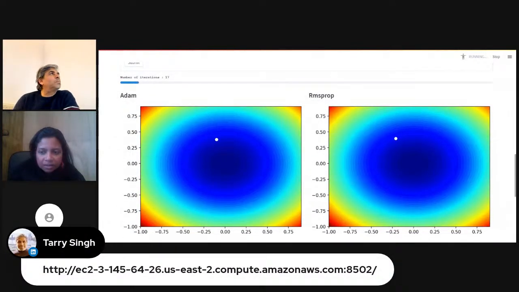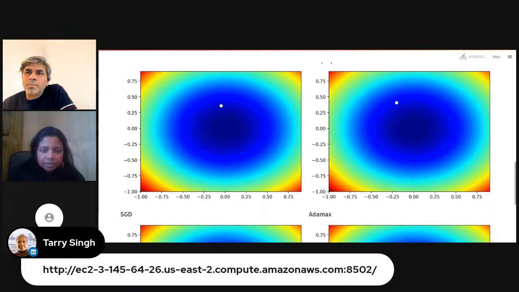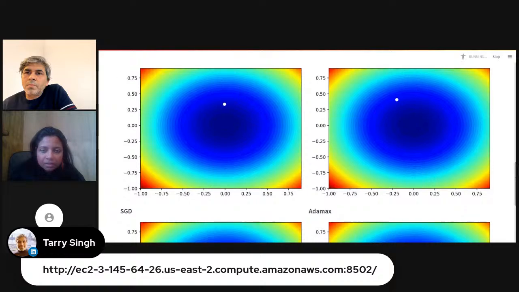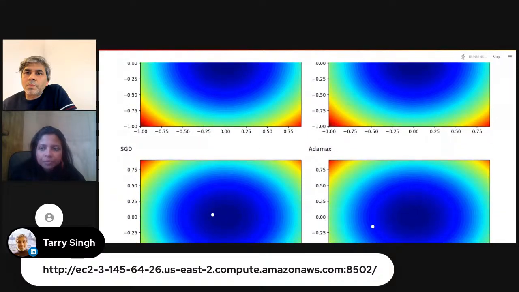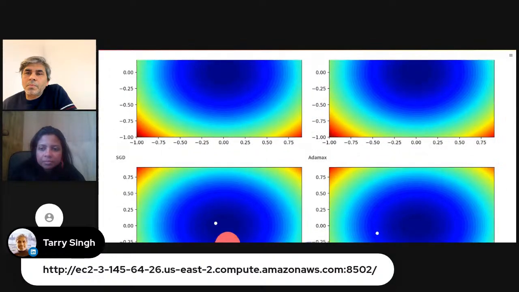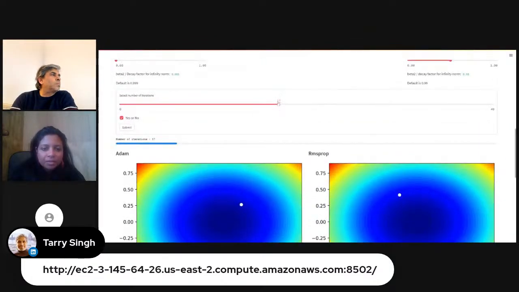So this application's running. And here, Adam's doing quite well. It's converging faster. This is how I can reduce this size. Okay, so I just stopped. It was just 17. Maybe let's go to 40. Try to do it for 40.